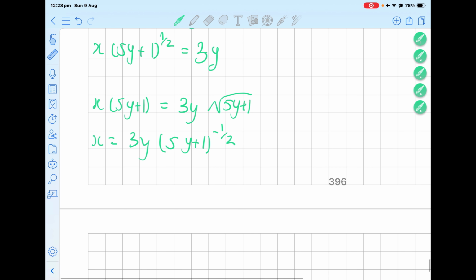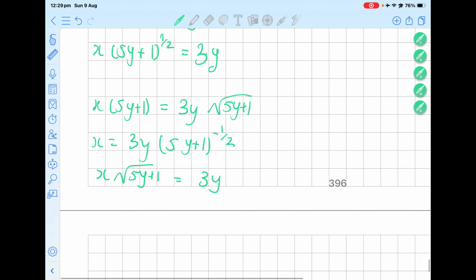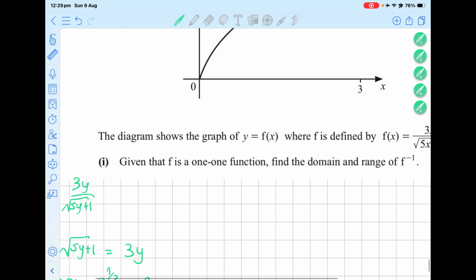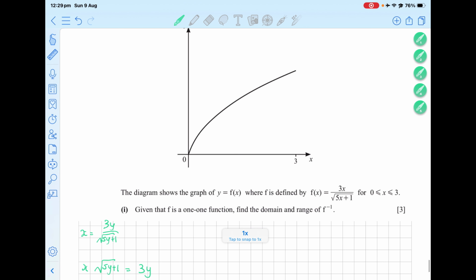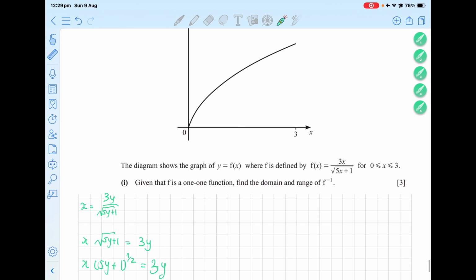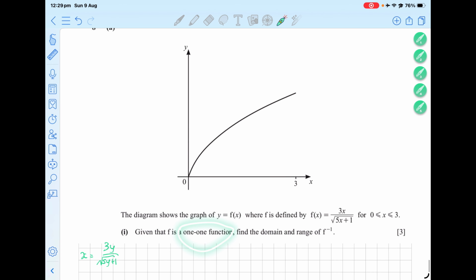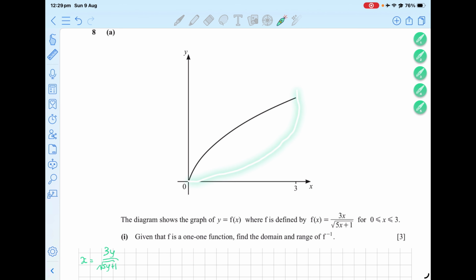So to get rid of this thing, I could multiply it by this. So all of this equals 3y, and therefore I could find whatever f inverse of x will be. Since it's 1 to 1, we know that it's going to be somewhere like this.